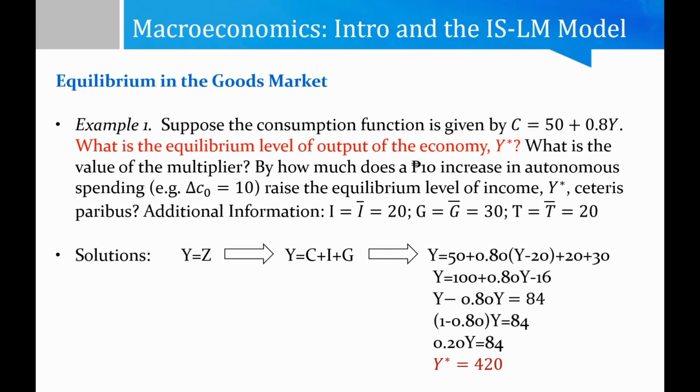The first question is, what is the equilibrium level of output of the economy? So again, we will start from the market clearing condition, which is Y is equal to Z, and substitute Z by C plus I plus G. After we substitute the values or the equations for C, I, and G, then arrange similar terms.